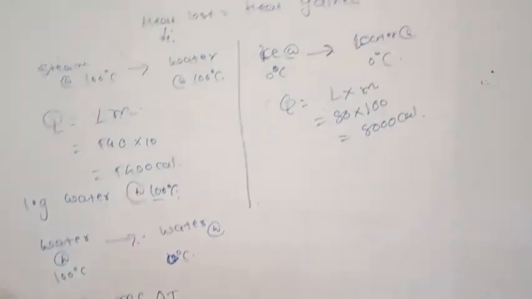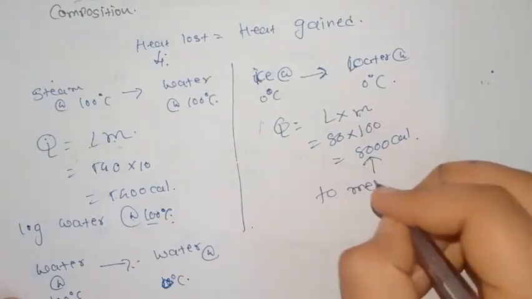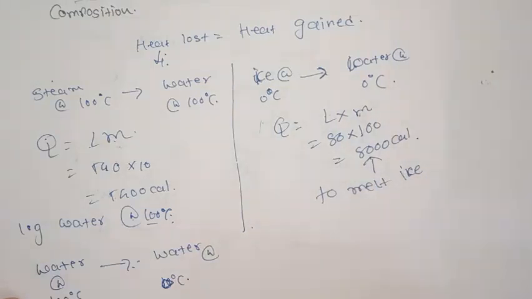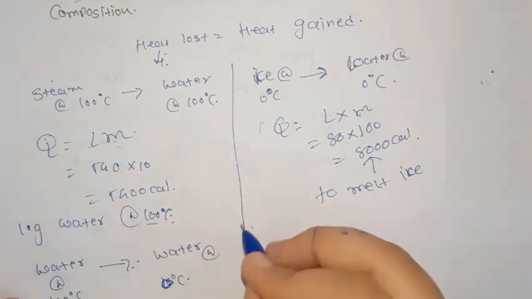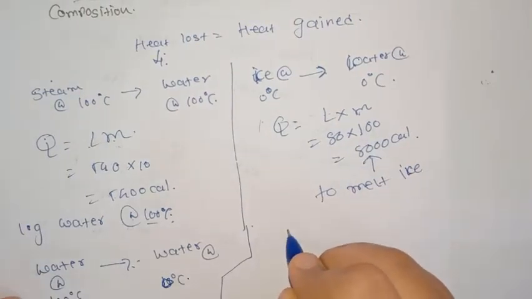Now the amount of heat required to melt the ice is 8000 calorie. We don't have that much amount of heat, so we won't be able to melt the ice completely. So let us find how much ice will melt.